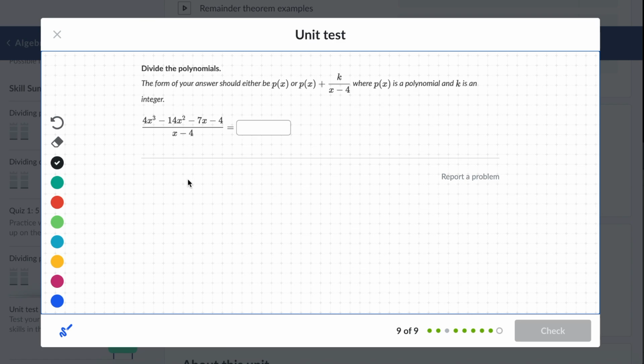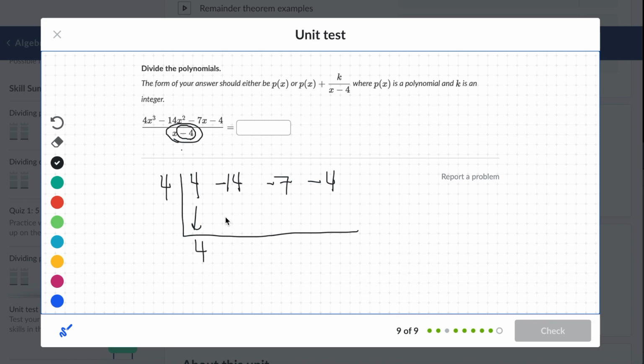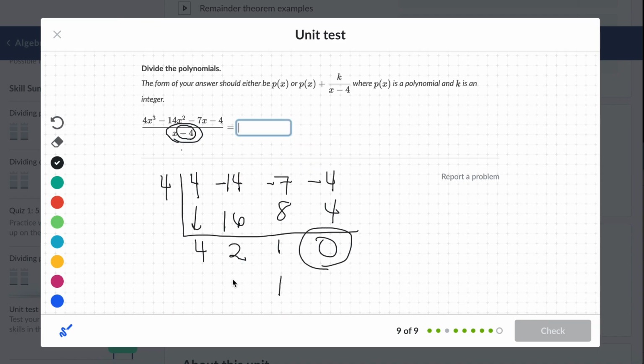For synthetic division, let's take the coefficients and put them on the inside. Wow, no need for placeholders this time. And then we're going to take the root of this and put it on the outside. Because it is in this format, I'm going to take this number and just flip the sign, so it's +4. And now let's divide. Cool. It's actually a factor. This is our answer.